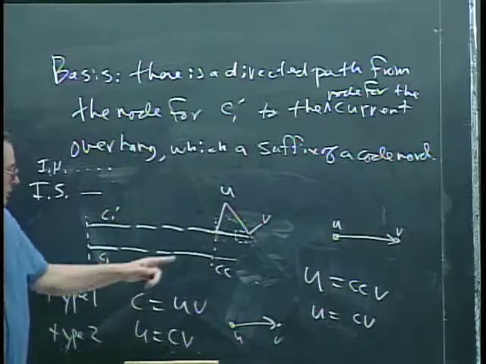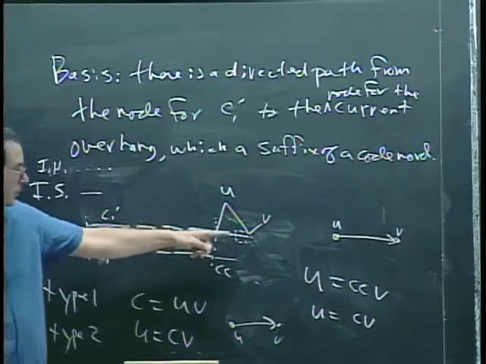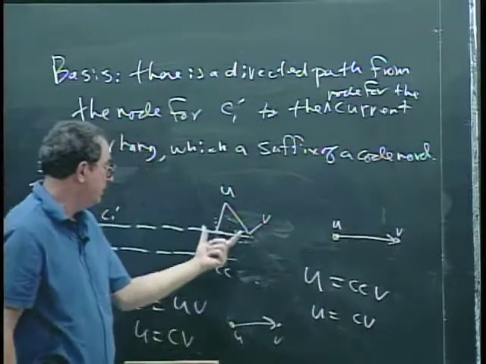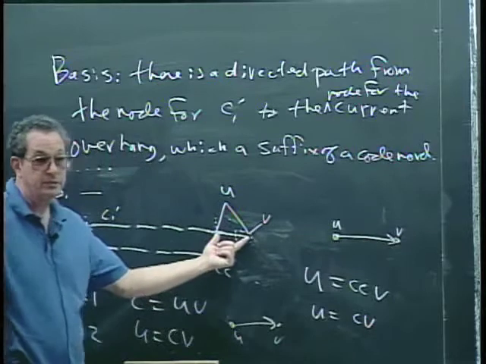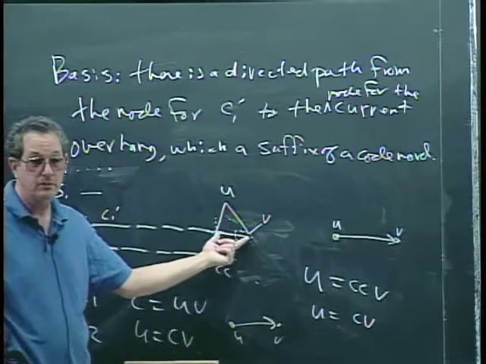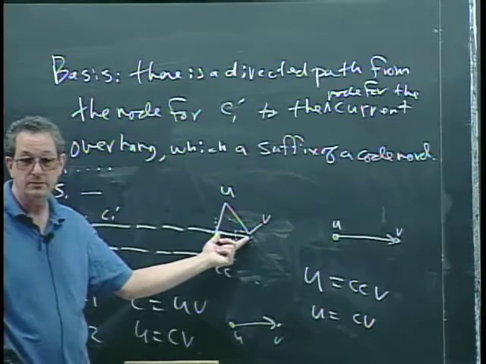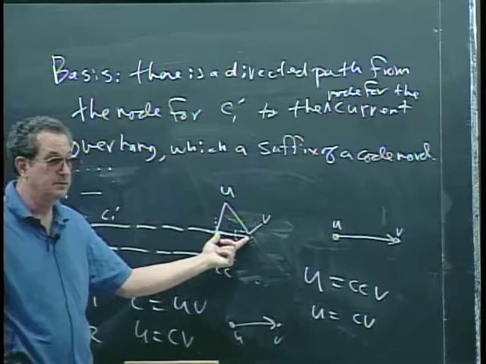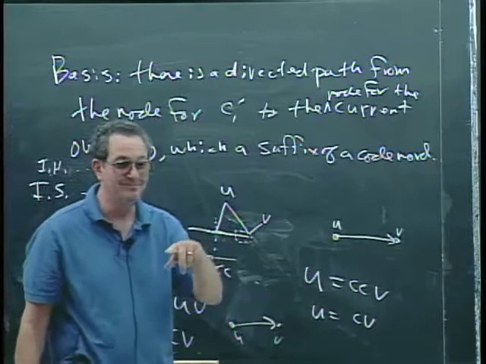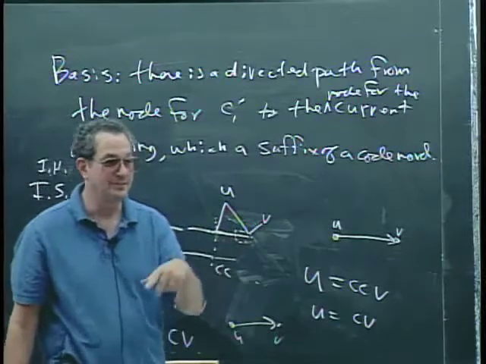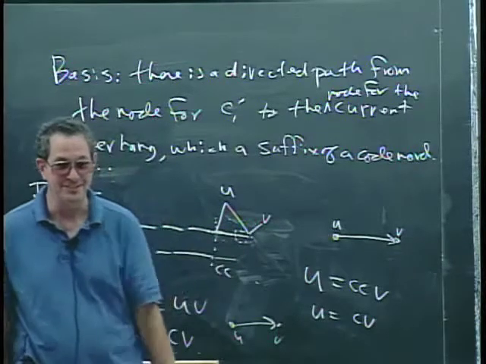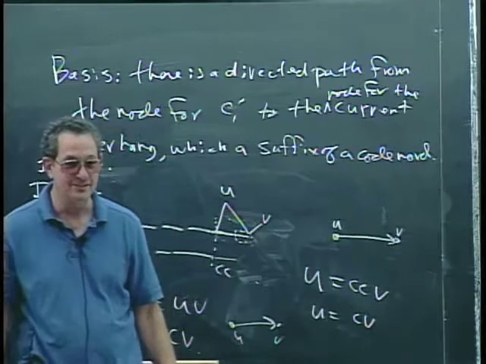And, of course, we still have to argue, in order to say that that's really an edge, that U is a suffix of a code word. Why is U a suffix of a code word? Yeah, it was an overhang one step behind.